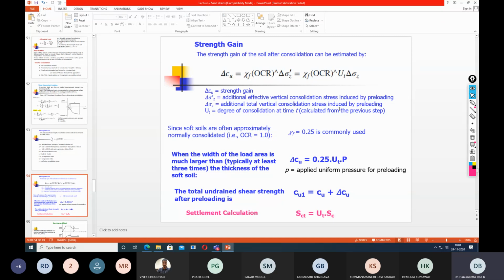So this slide will give you information about how to calculate the improved cohesion value and how to calculate the settlement at any given time for that particular degree of consolidation achieved.